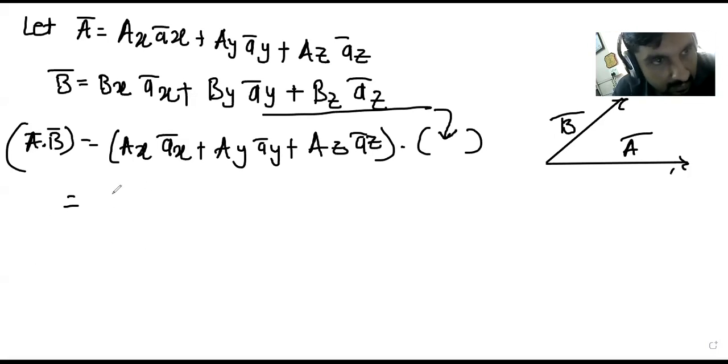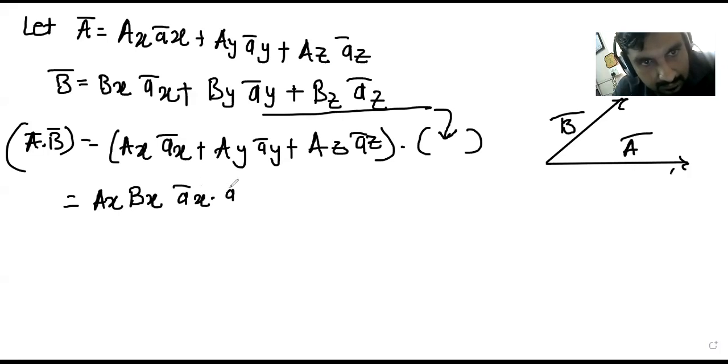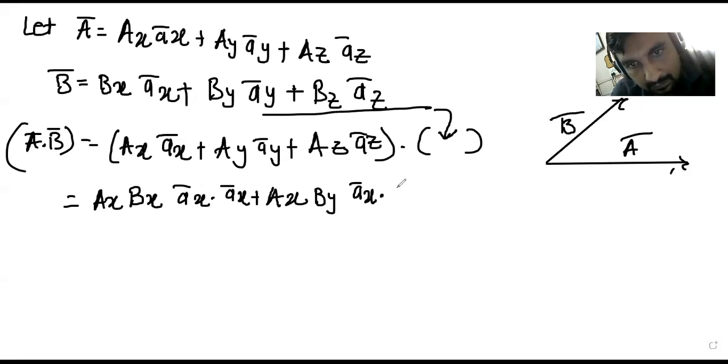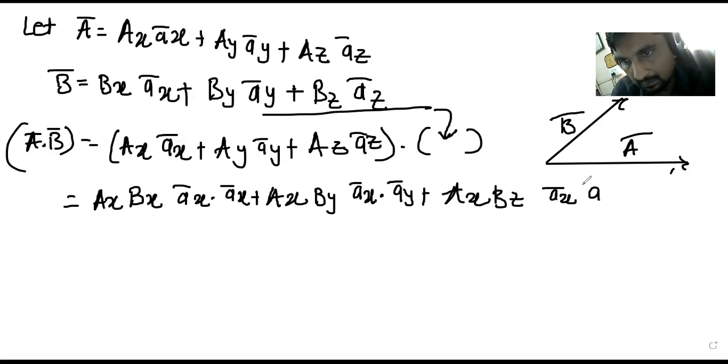Right, so it would be ax bx a bar x dot a bar x, plus ax by a bar x dot a bar y, plus ax bz a bar x dot a bar z.